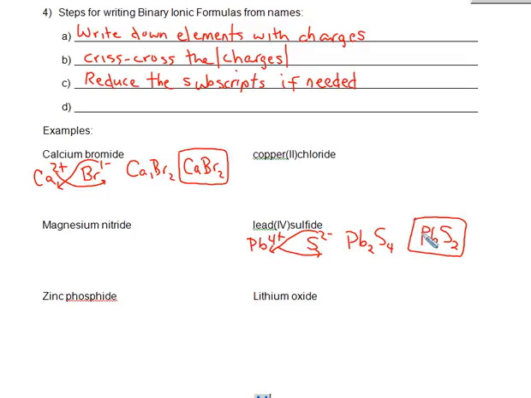Now let's try another one. Let's try magnesium nitride. And I want you to look on the periodic table and determine what it is. So let's say this is Mg 2+, N 3-.